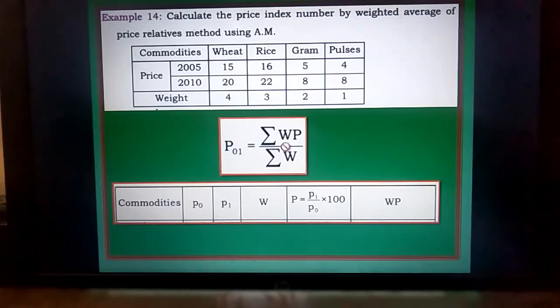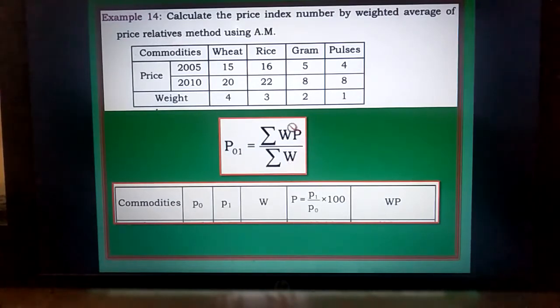Look at the formula and what all needs to be calculated. Sum of WP. So W to P multiplication has to happen and then the summation has to be taken. W is already there. Now we want this P, which is capital P, and it is based on price relatives. Look at the question: average of price relatives.